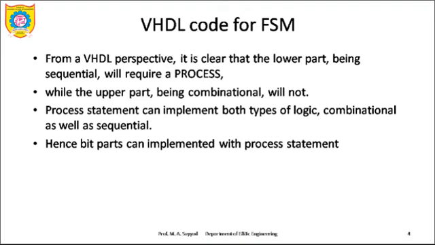Hence, while writing the VHDL code for these FSMs, we will have two different processes: one process for the upper part, that is the combinational circuit, and one process for the lower part, that is the sequential circuit. Let us take one by one.